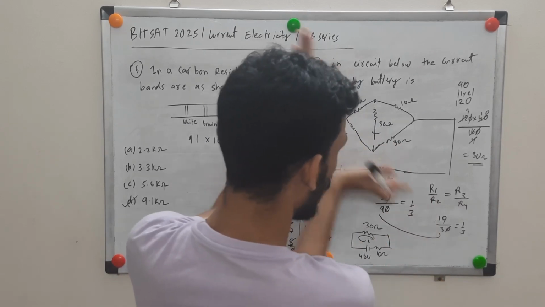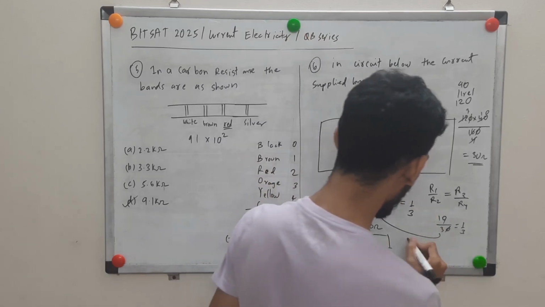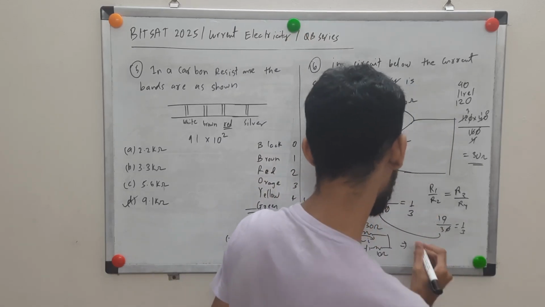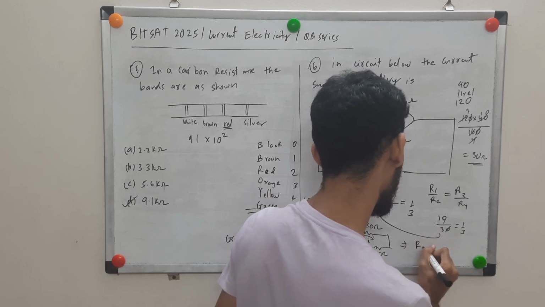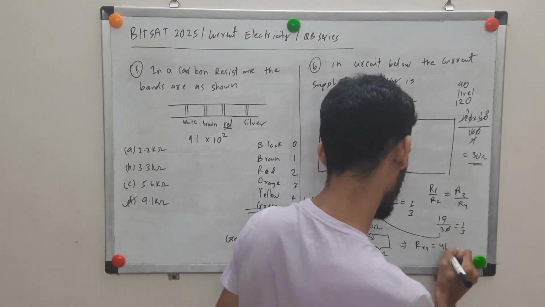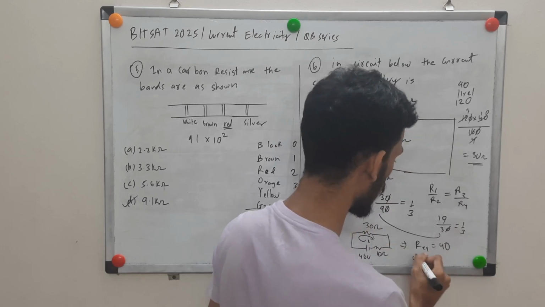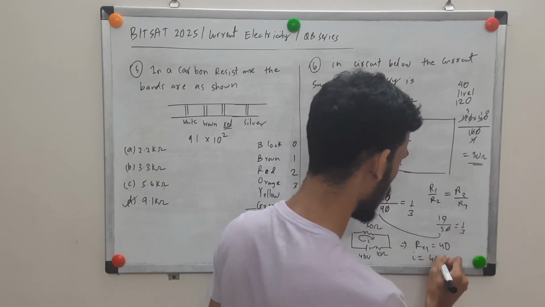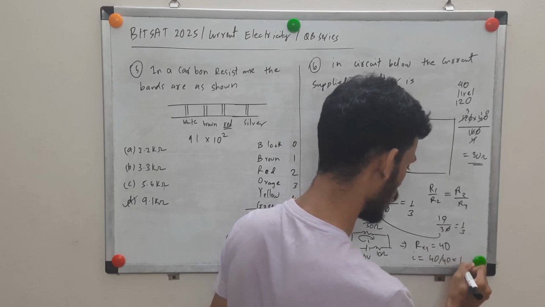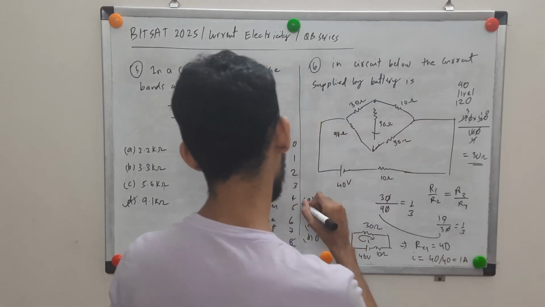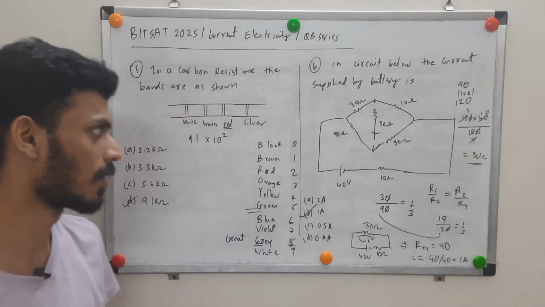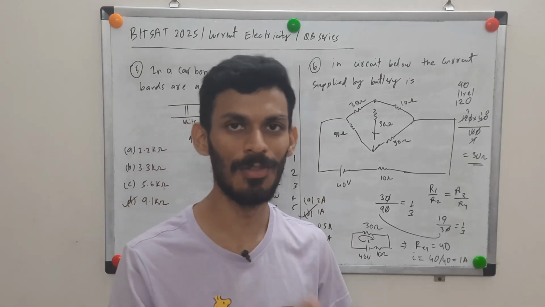In parallel, the current splits. So that is a criteria that you should keep in mind. So 30 plus 10, so R equivalent final is 40. Right? 30 plus 10 is 40. So I will be V by R. So 40 by 40, which is 1 ampere. So option B is your correct choice. I hope that is clear. Over to the next question.